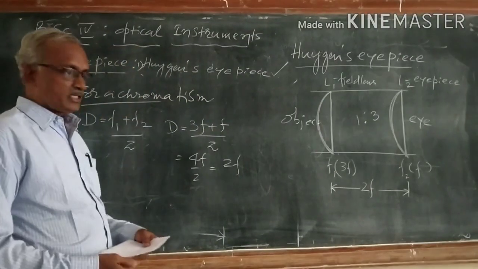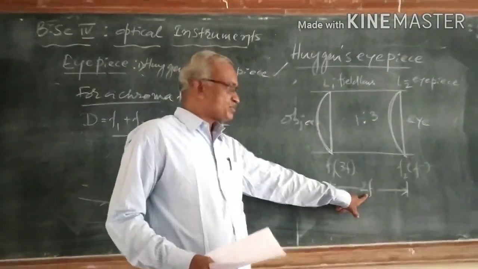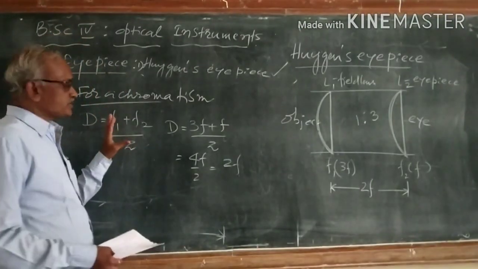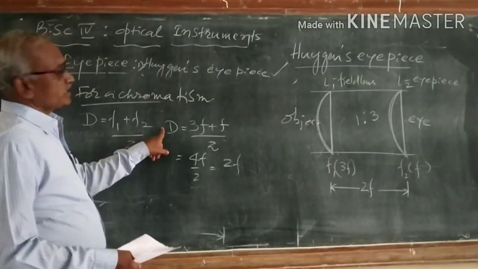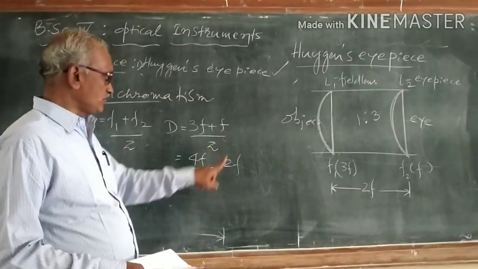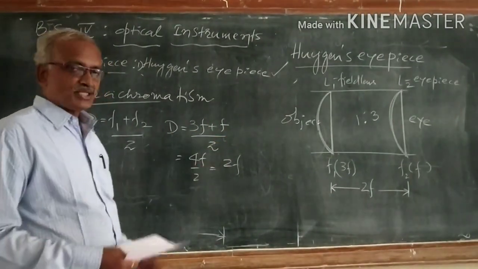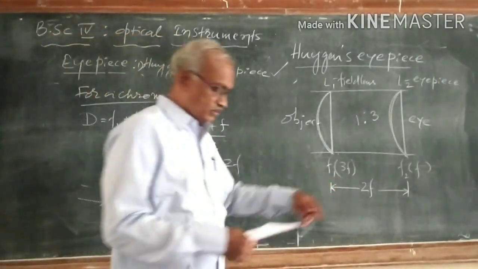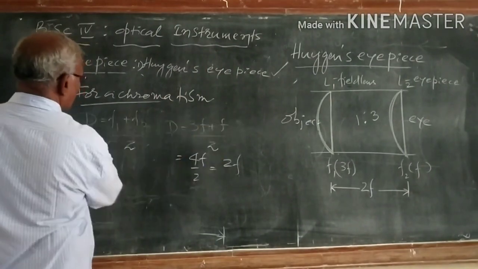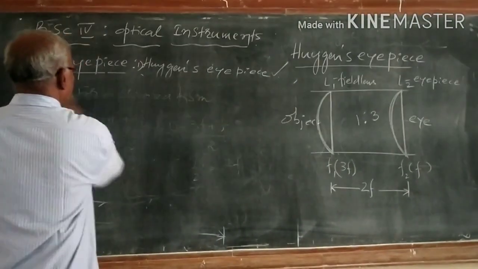I already wrote it here: 2f is the distance between the field lens and the eye lens. Therefore, from this equation we came to know that d is the distance between the field lens and the eye lens. By substituting all the values in the given formula, we got d equal to 2f. Then for minimum aberration, after doing this, next let us study how to minimize.